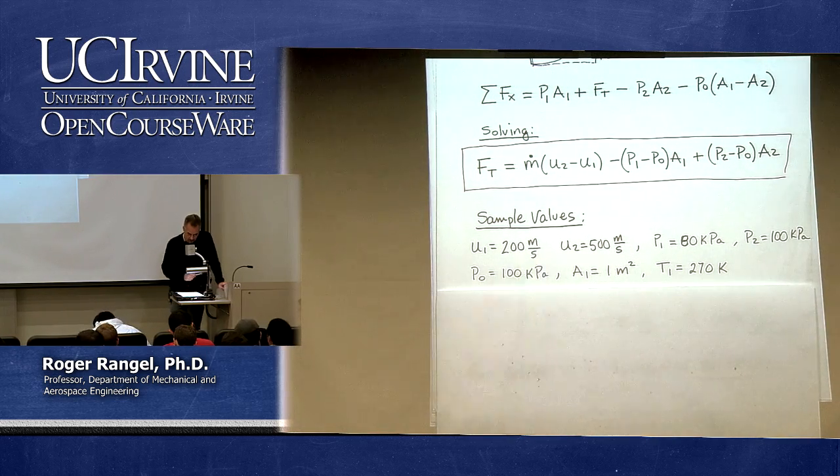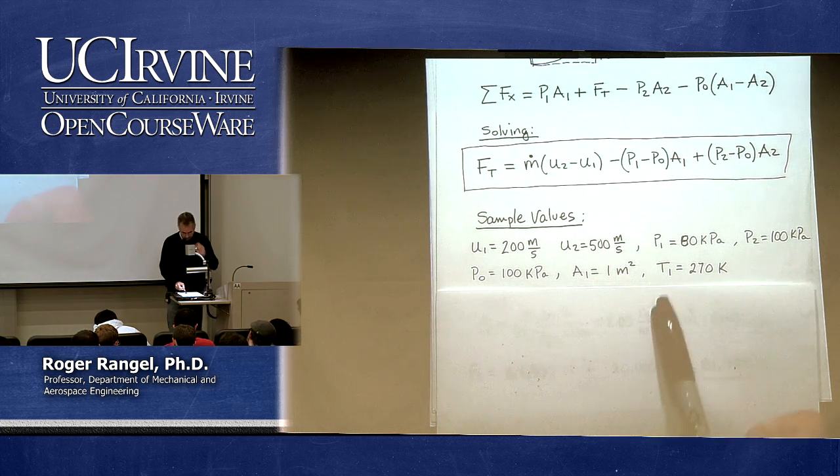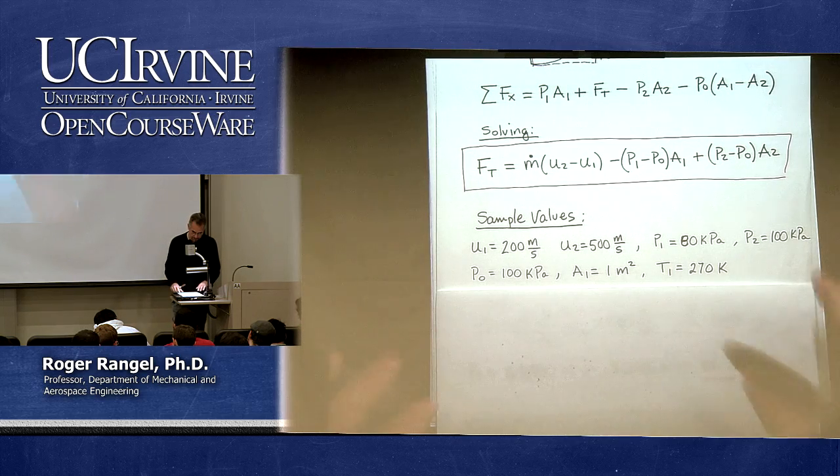Inlet velocity 200 meters per second, outlet velocity 500 meters per second, inlet pressure slightly below atmospheric pressure, 80 kilopascals. I put the outlet pressure same as atmospheric pressure, so P2 is 100 kilopascals, same as P naught. Inlet area 1 square meter, and the inlet temperature, which, remember, you need for the density.